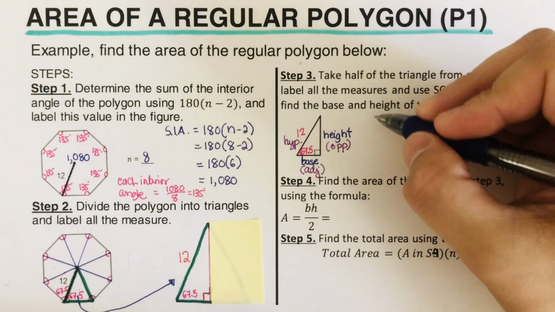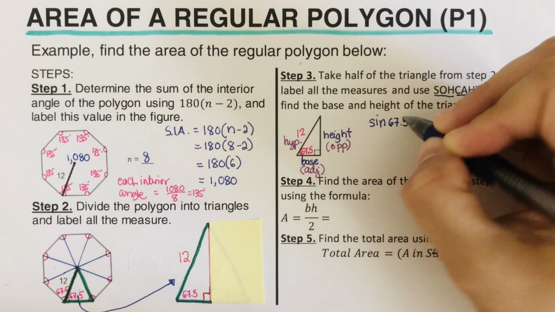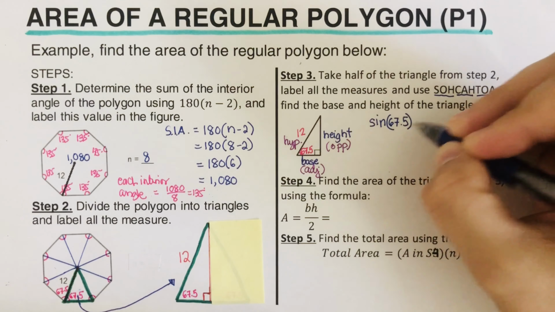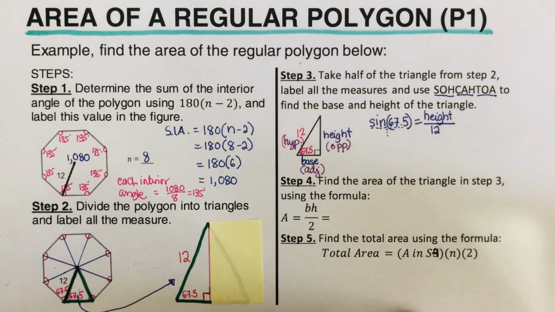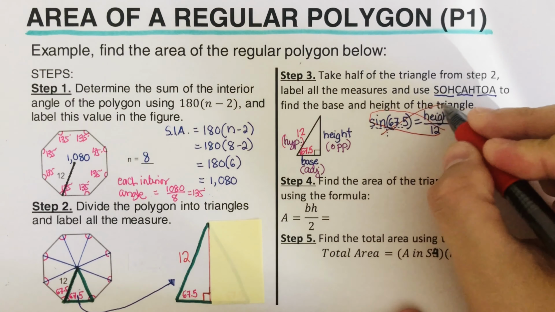So I can set it up: sine of 67.5 is the opposite, the height, over the hypotenuse, 12. So that is height over 12. And we remember that this one has an invisible denominator of 1. So then I can cross multiply, and 1 times height is just height.